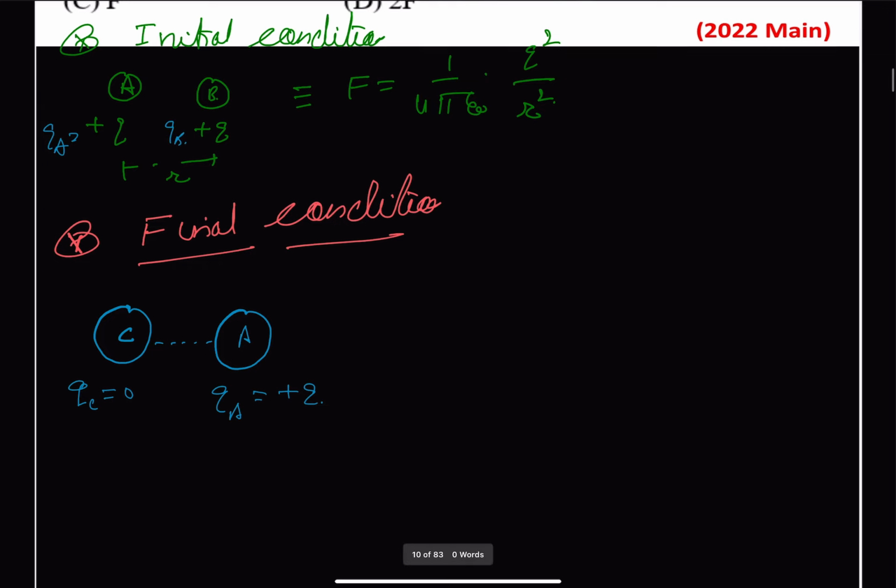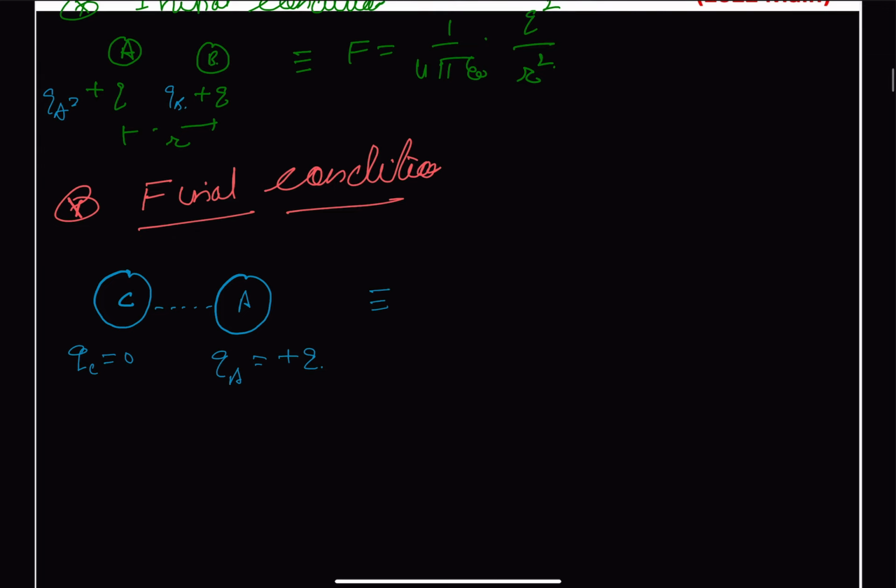After contact, they will be at the same potential, and everything is the same between A and C, so charge will be equally distributed between them. So in the final condition, the charge on C, that is QC, will be equal to plus Q by 2, and charge on A, let us suppose QA prime, will also be plus Q by 2.